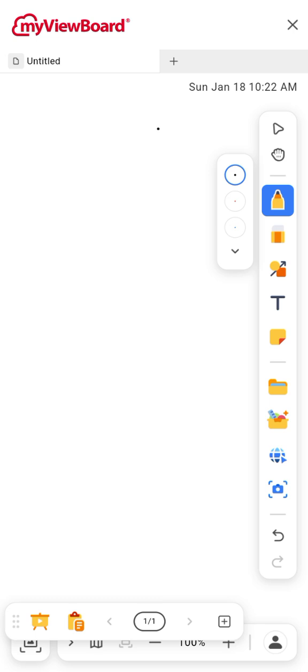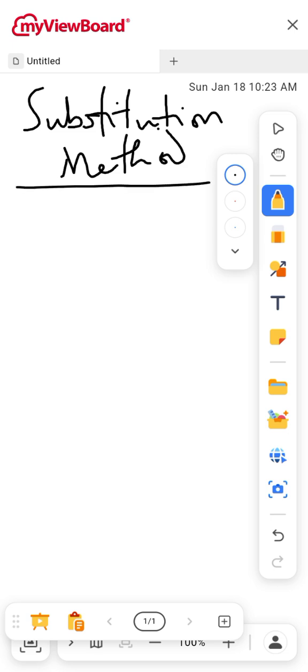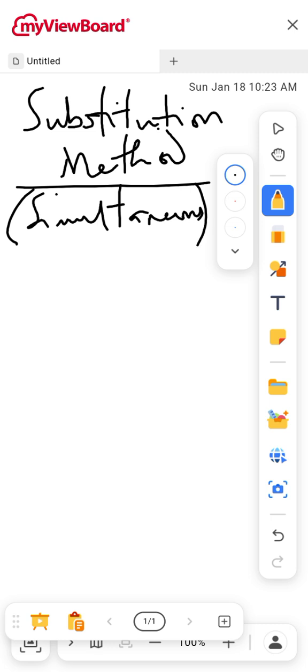I earlier promised that I'm going to record a video on the substitution method in simultaneous equations in which none of the variables has a coefficient equal to 1. So how do we go about that when we are confronted with it? In the previous one that we did, it was very easy for us to make one of the variables the subject of the formula because the coefficient was 1.